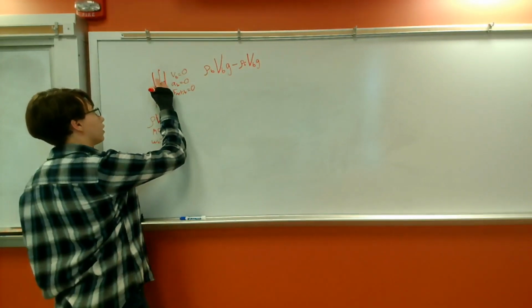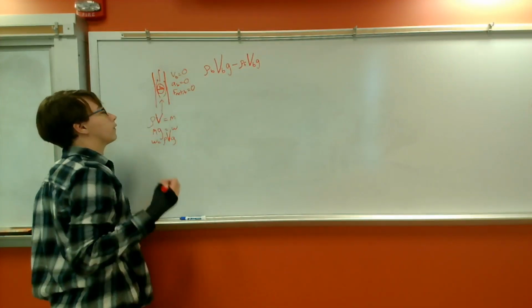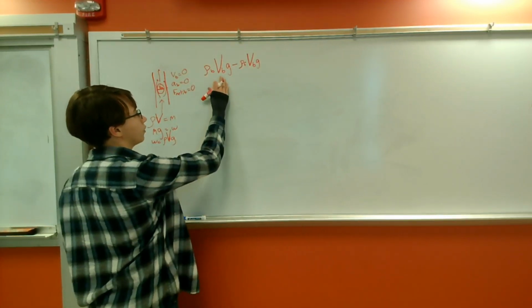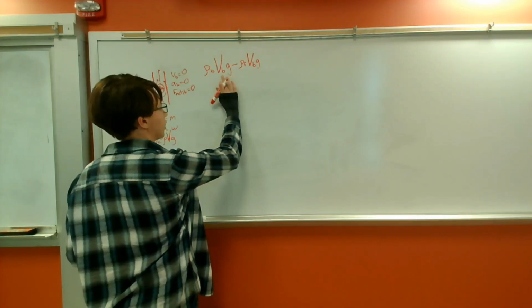We're going to say that this ball has a diameter of d naught. And we're also going to factor out volume times gravity, because that's in both terms.